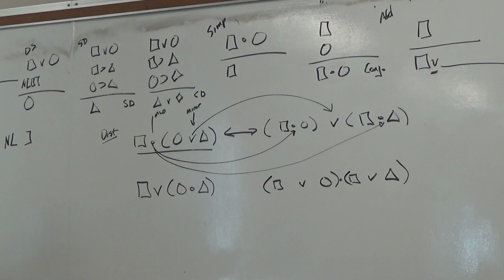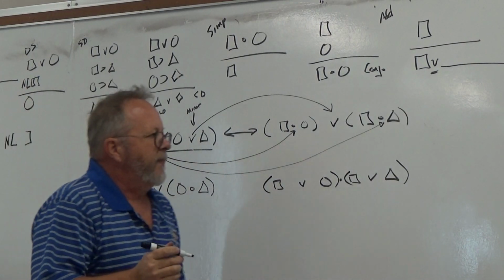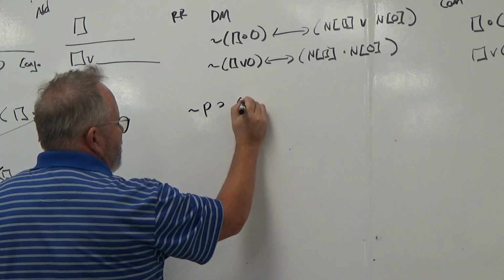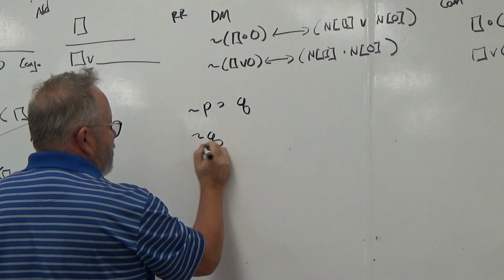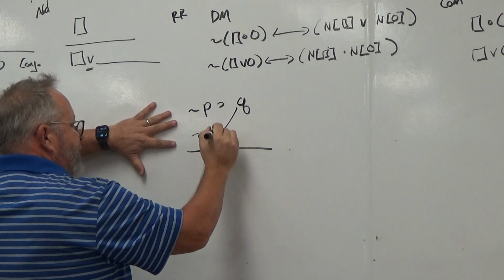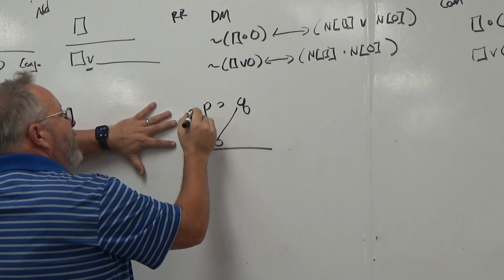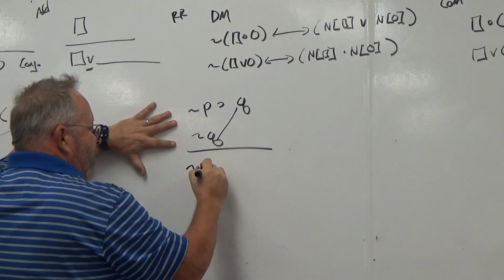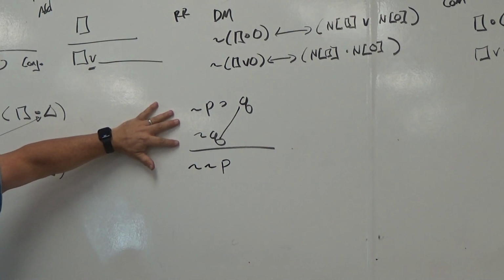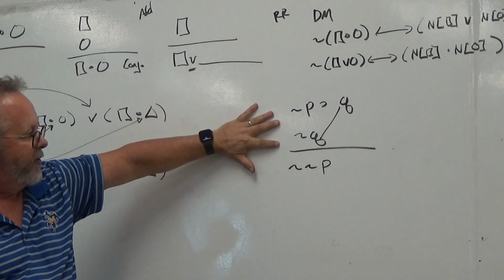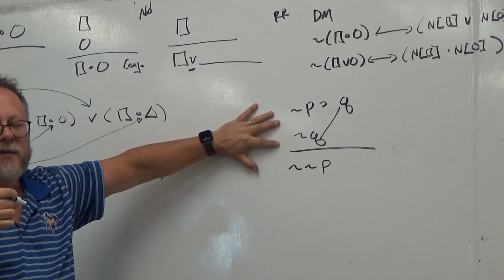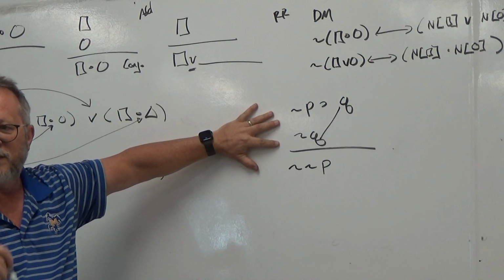So strictly speaking, let's suppose we had not P, then Q, not Q. So in many books, if we did a modus tollens, we have the opposite of this, so we get the negation of this, so we would get not P, okay? Which we know is P, but in other texts, they say you have to go to not not P, and then you have to say double negation to get to P.